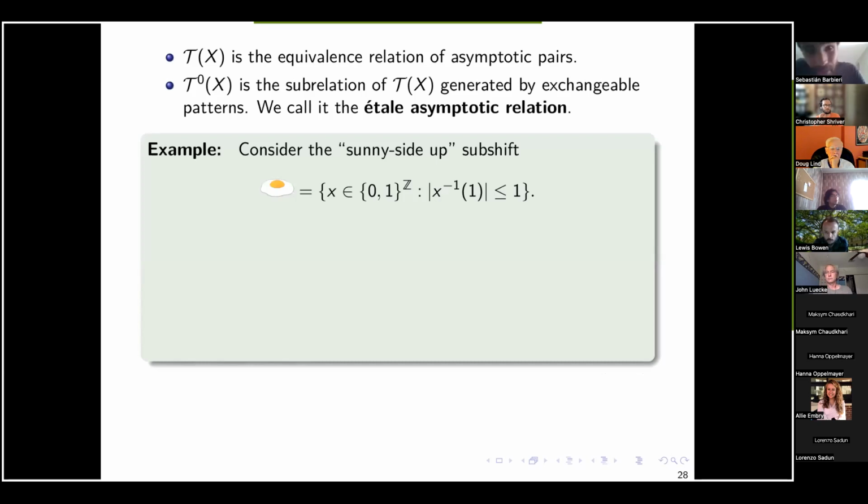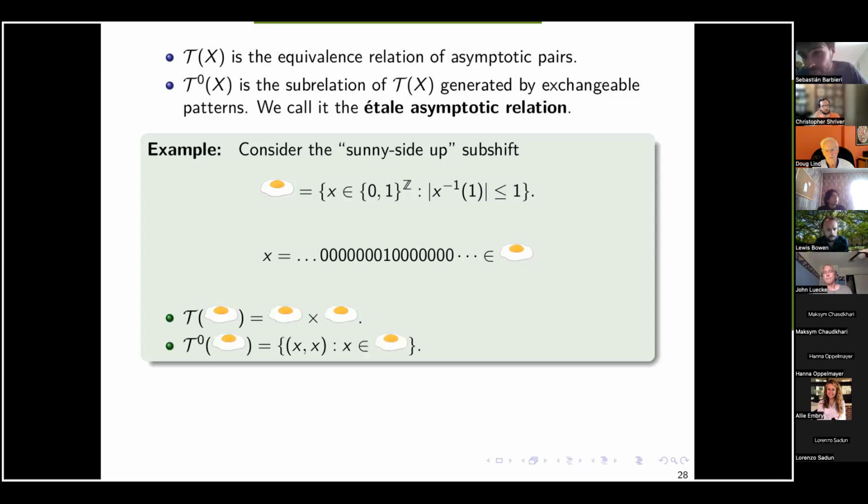Here's an example. I'm going to consider the sunny side up subshift. The sunny side up subshift is just a set of all maps from Z to {0,1}, where I see at most one coordinate with a 1. So something like that. I could see no ones at all, or just a 1 at some position. Okay? If I look at the asymptotic relation, well, two configurations can at most differ on 2 coordinates.